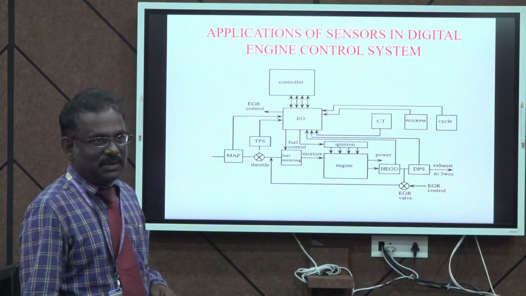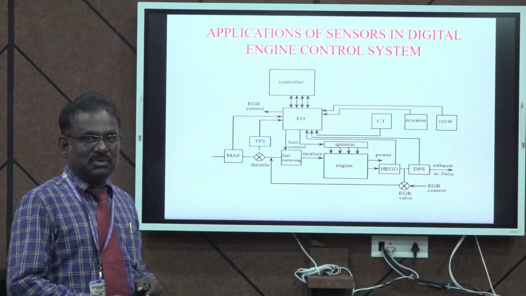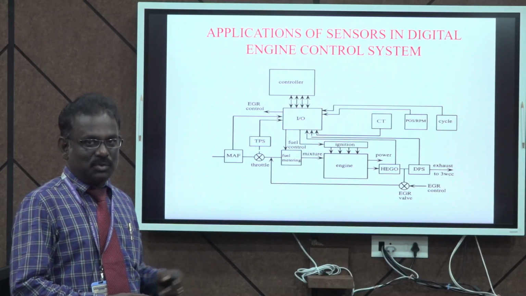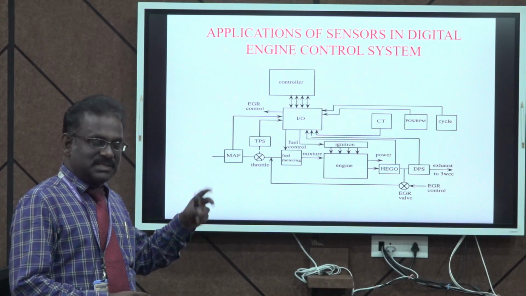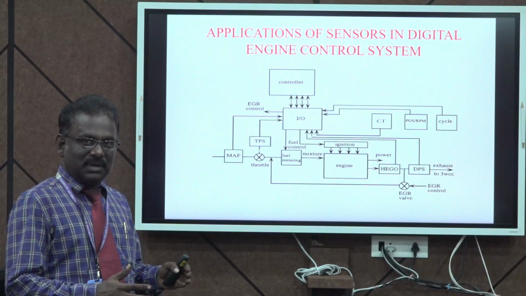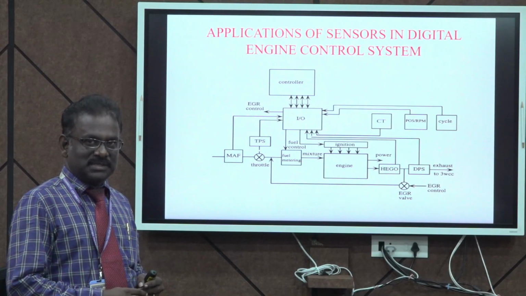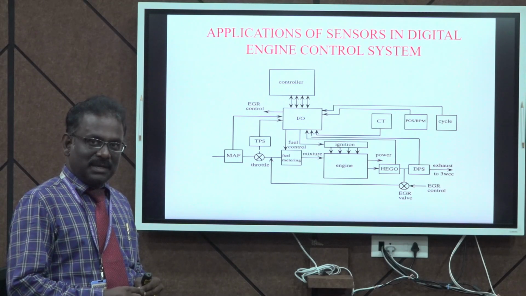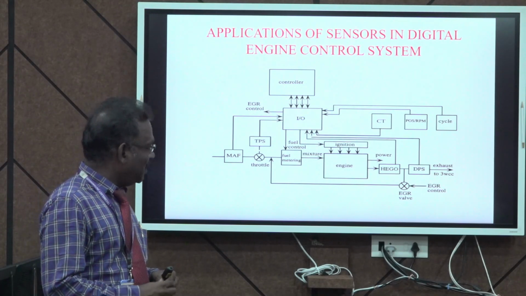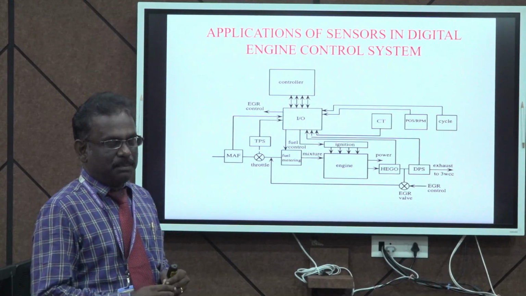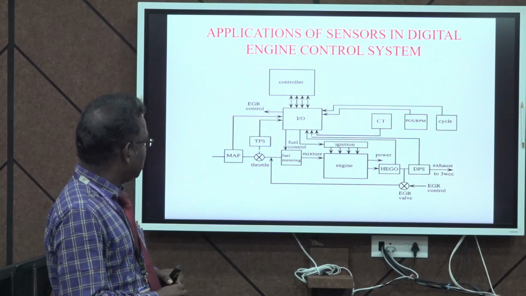It is another sensor used for the indirect measurement of the amount of air entering the cylinder. So these 3 sensors give the exact amount of air entering the cylinder. Based on that amount, the fuel injector will pump the amount of fuel required for the proper air fuel ratio mixture.